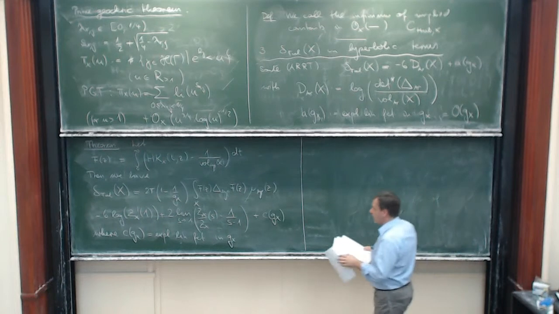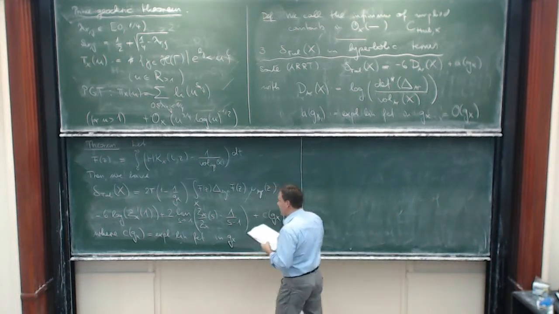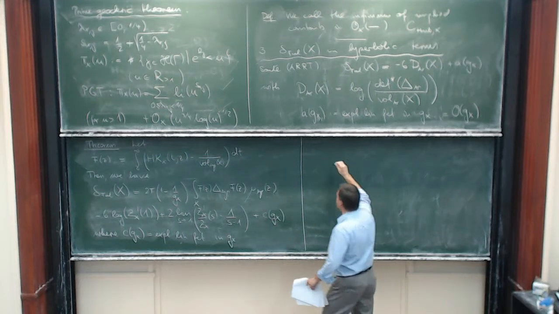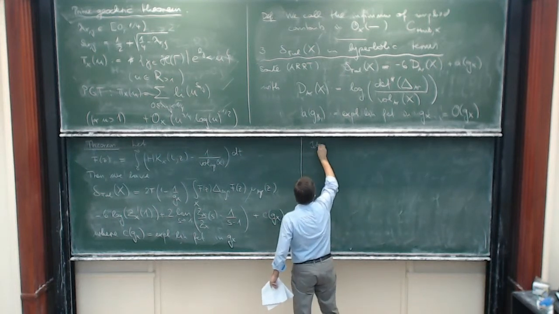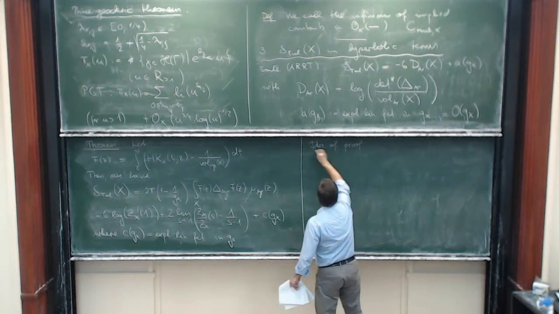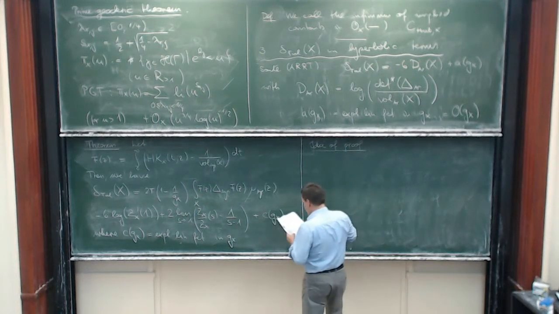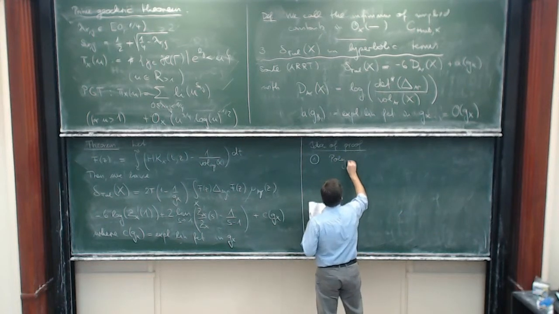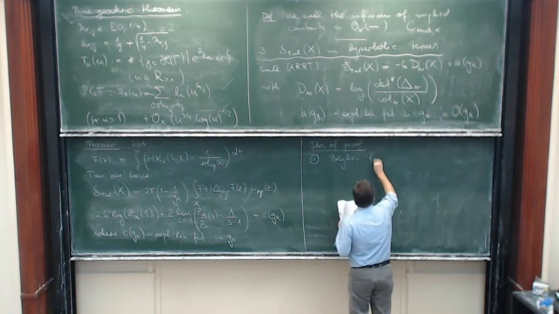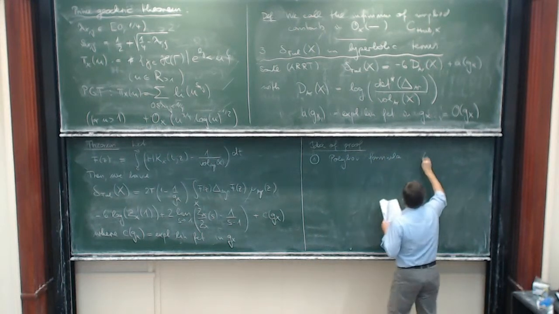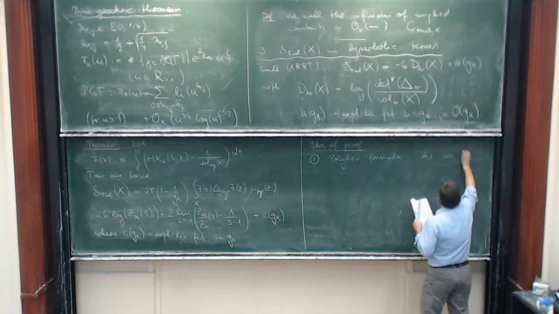Okay, but before I continue and go to estimates, the idea of the proof, so to say. So basically it's 3 steps. The first step is Polyakov's formula, which allows you to go from the Arakelov metric to the hyperbolic metric.